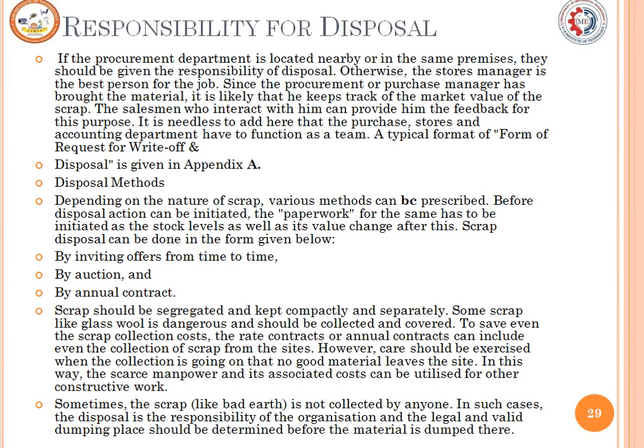Scrap collection can also be at cost. Rate contracts or annual contracts can be included, even for the collection of scraps from the sites. Disposal is the responsibility of the organization, so that they maintain a clean environment. Disposal of the scrap must also be recorded by the company, and that will be monitored by the pollution control board.